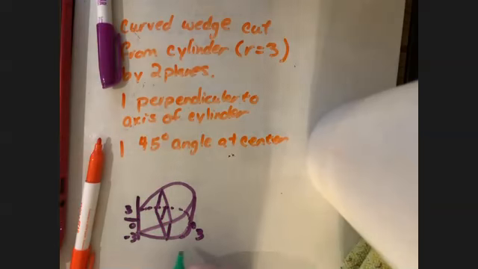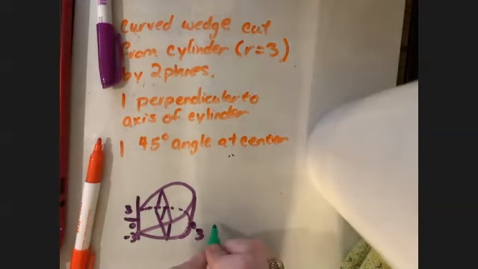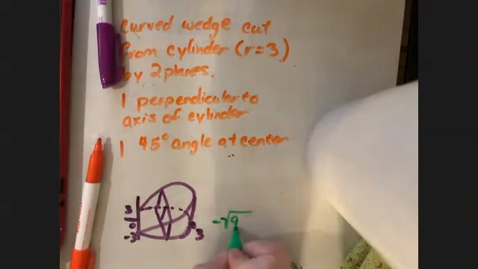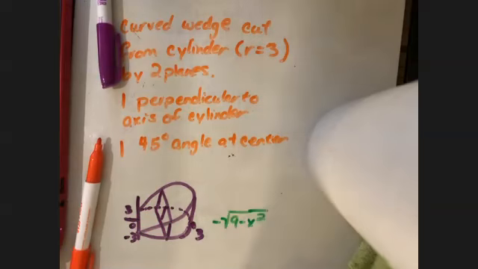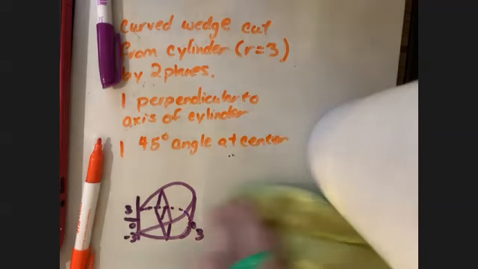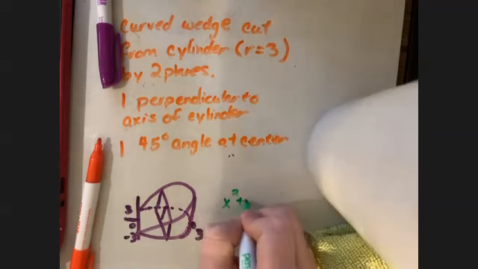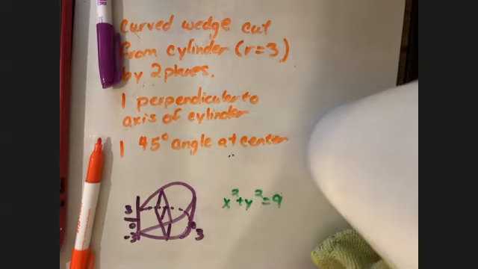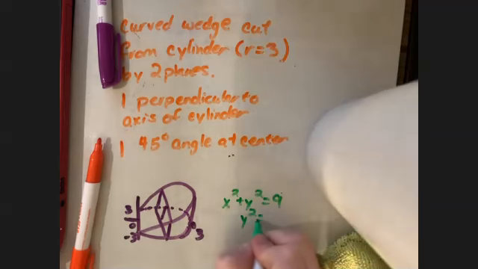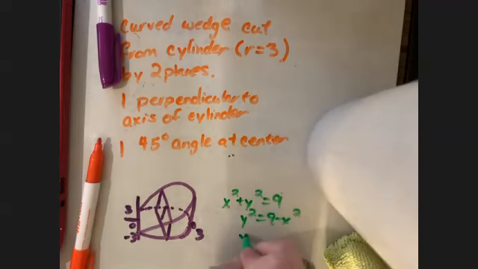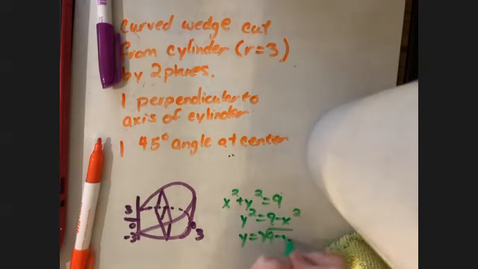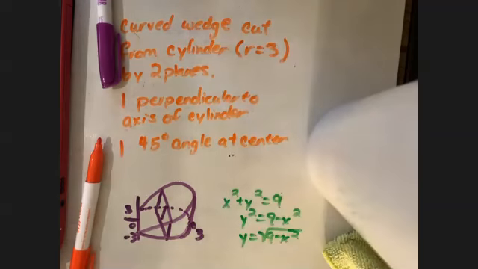So, the equation of that semicircle, think about, for the full circle, it would be x squared plus y squared equals 9. So if we do y squared equals 9 minus x squared, y equals square root of 9 minus x squared, okay? So there's our semicircle.